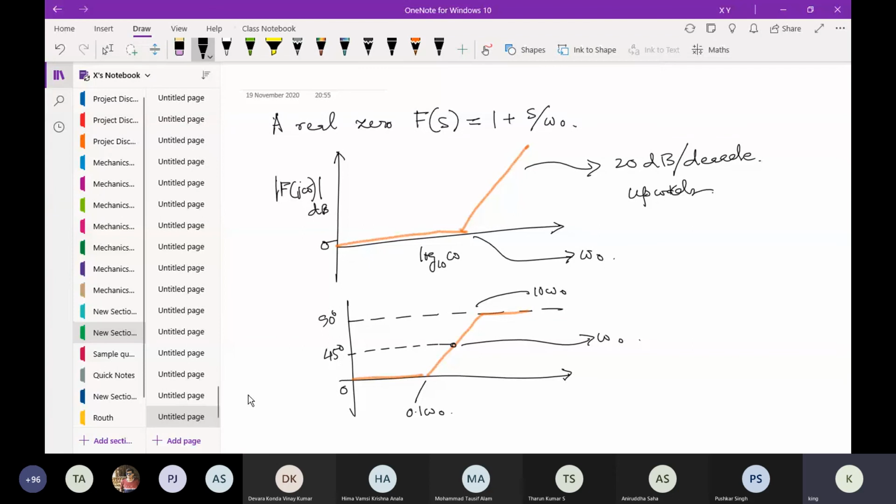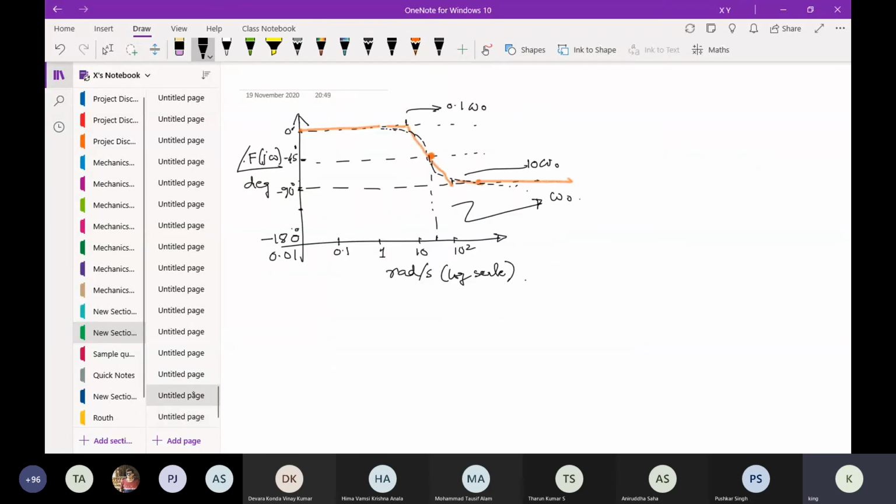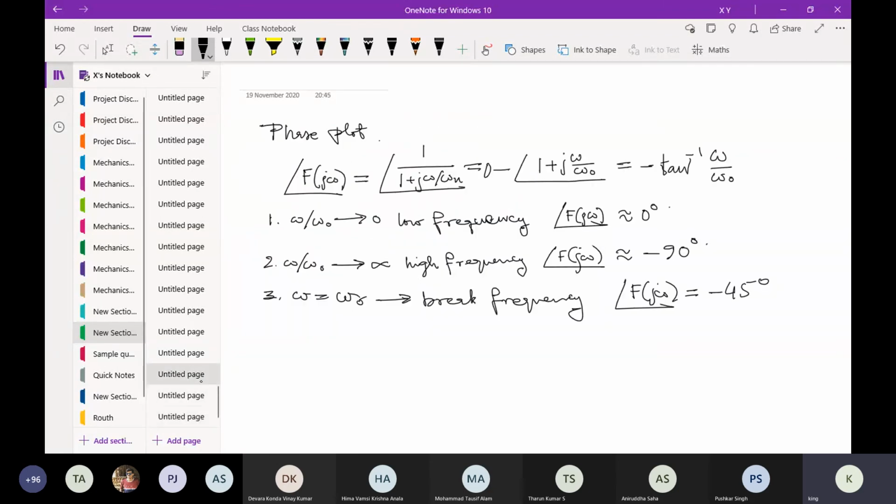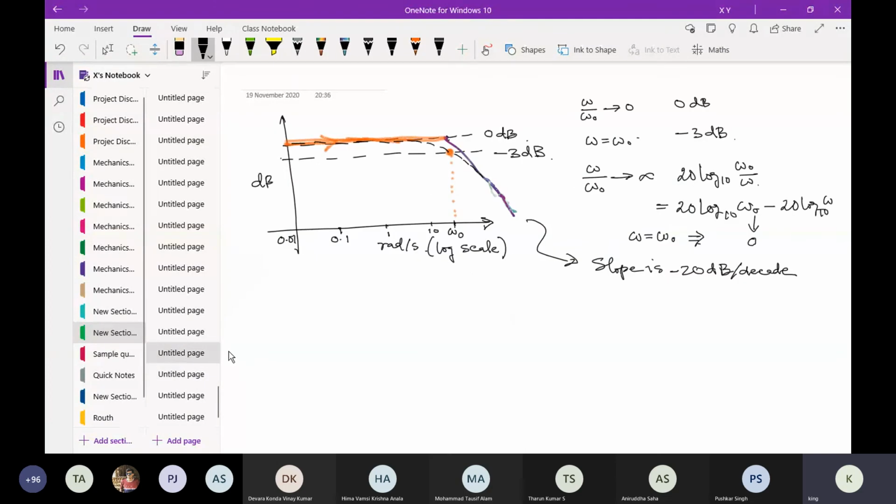I'm not going into details here, but if you look at these two sets of plots, now if you have a repeated pole, then what will happen? Give a little thought to that.